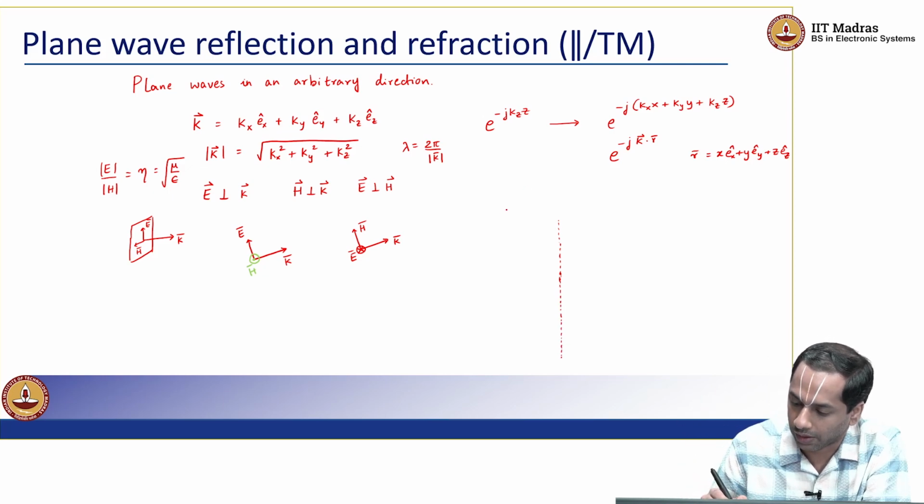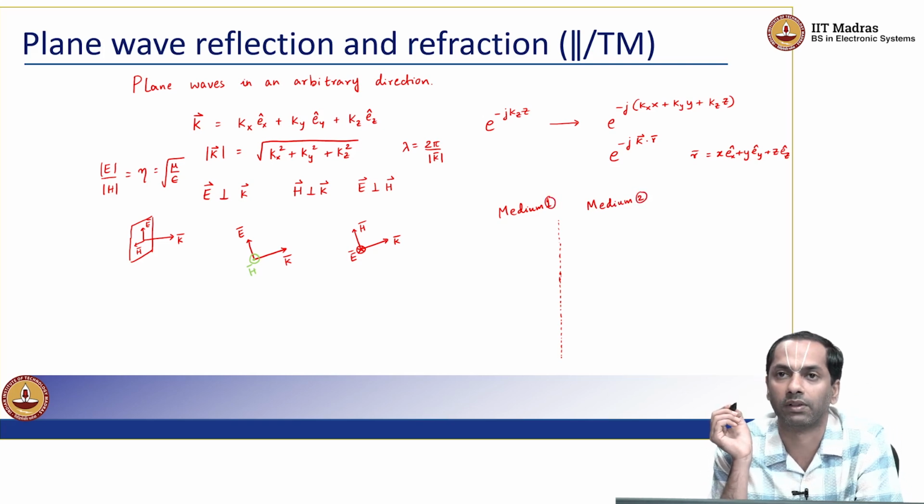So, I have medium 1 on the left side, medium 2 on the right side of the dotted line.